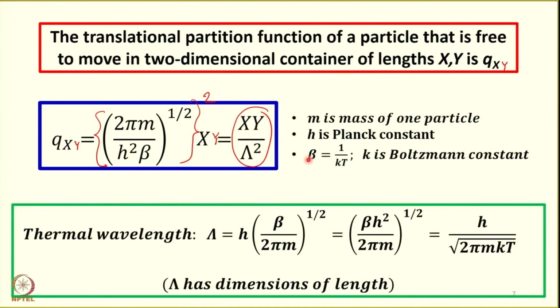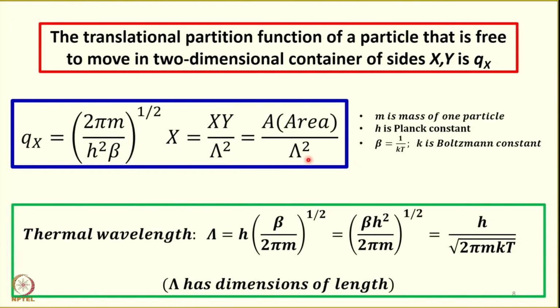If x is equal to y, it becomes area. So in that case, if x is equal to y, then this has to be square and xy. If x is equal to y, then you can use area of the surface.